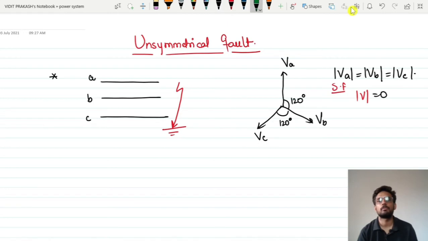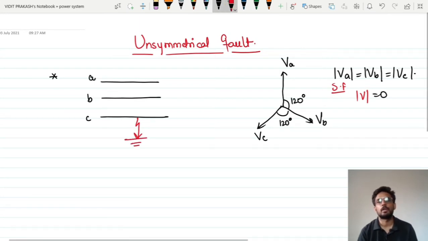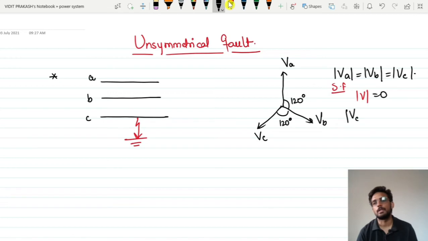What about unsymmetrical fault? Suppose a fault occurs at phase C, then the voltage across phase C will be equal to 0. But what about the voltages A and B? The voltage across phases A and B will be the same.